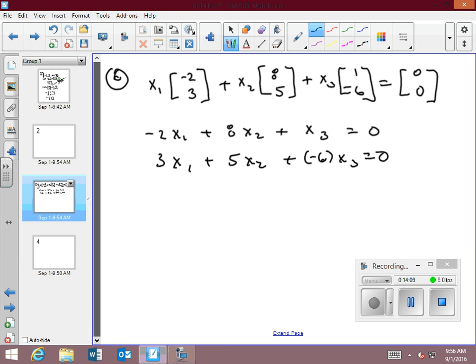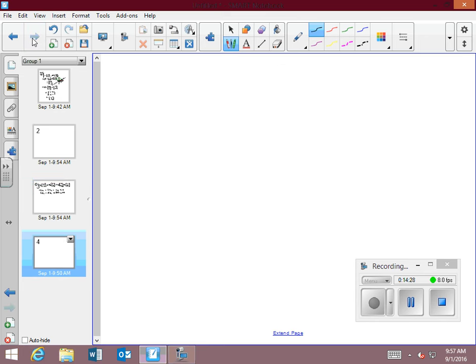In exercises 9 and 10, it says write a vector equation that is equivalent to the given system. That's 4.